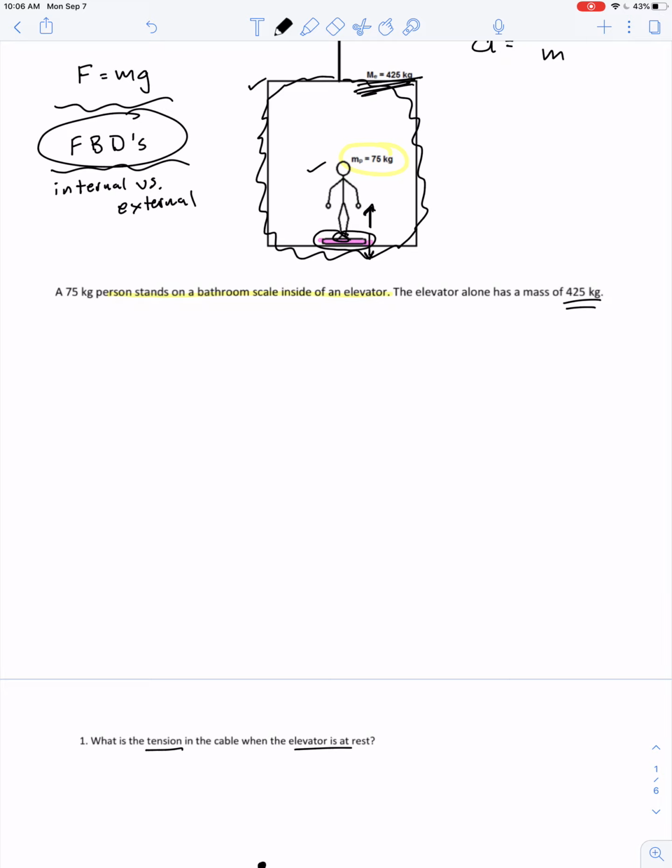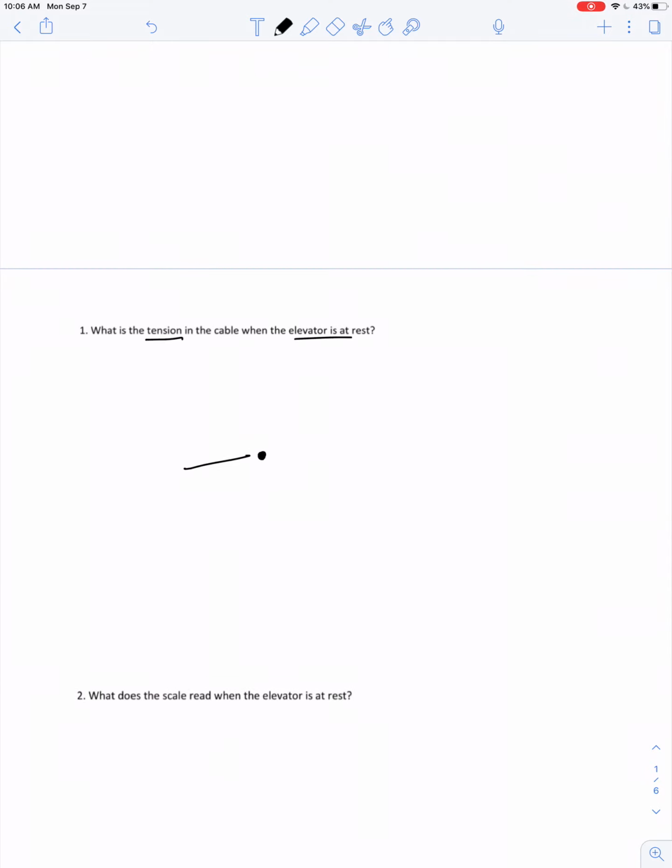So if I make a free body diagram for the combined system made up of the passenger and the elevator, then that force of interaction between his feet and the floor becomes internal. So that's what we have here.